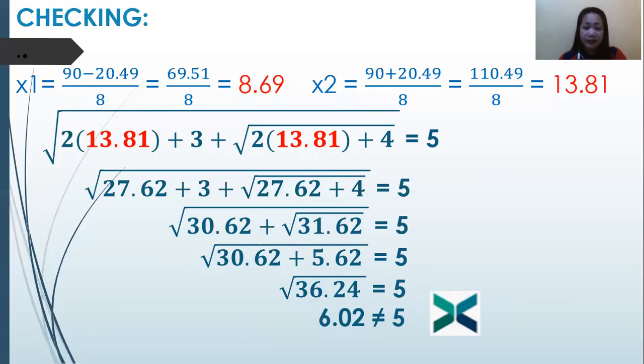Then we have here the square root of 36.24. When we round off to a whole number, it is equal to the square root of 36, and the square root of 36 obviously is equal to 6. Therefore, 6 or 6.02 will not equal 5. Therefore, the second value of x is not the appropriate value for our equation.